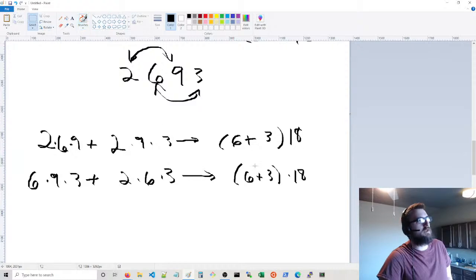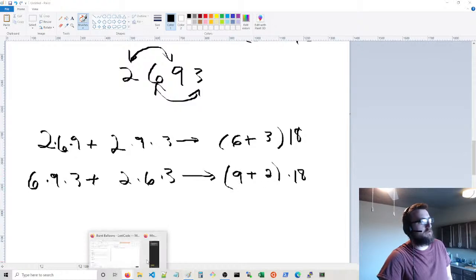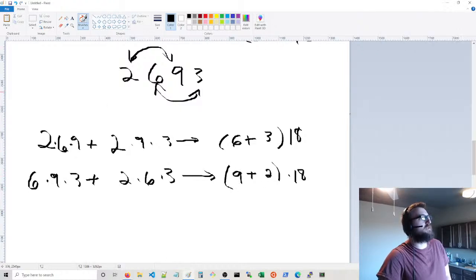And for the other one, you pop 9 first, get 6, 9, 3, and then pop 6 next, you get 2, 6, 3. And this will actually give you 2 and 9. So my idea was wrong. Here's a counterexample for the idea that I was thinking.